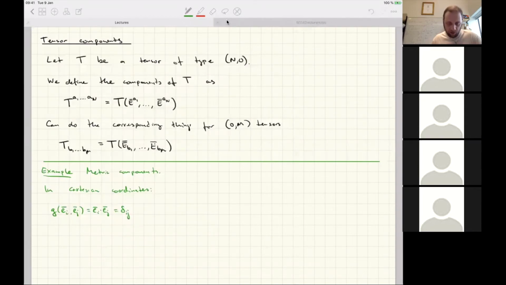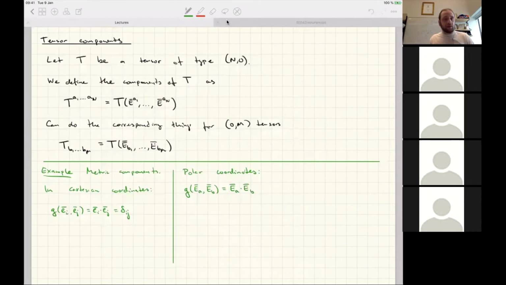Now in Cartesian coordinates, it doesn't really matter if I put the indices up or down, because of how Cartesian coordinates work. However, if I go away from Cartesian coordinates and instead look at polar coordinates, then all of a sudden the components of my metric tensor, which I define as the inner product between e_a and e_b, are different.